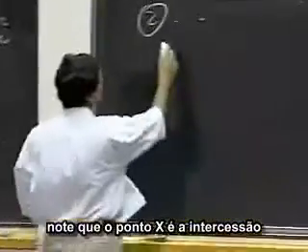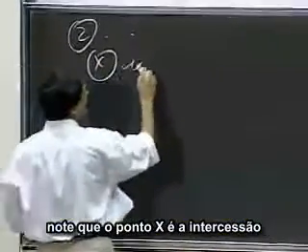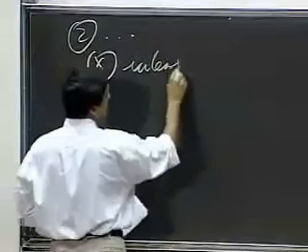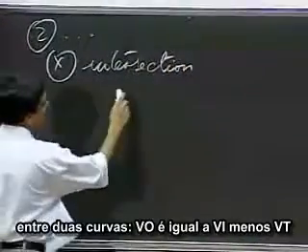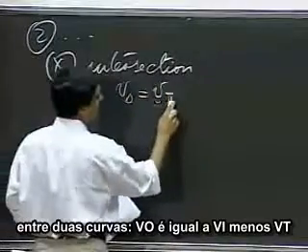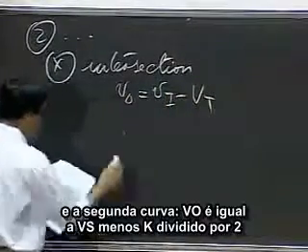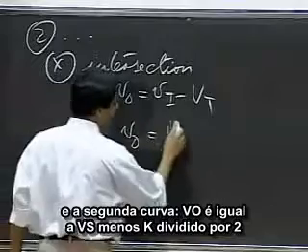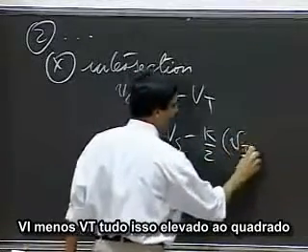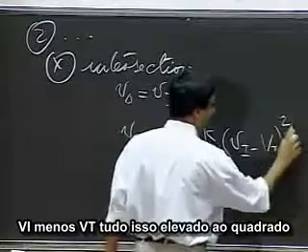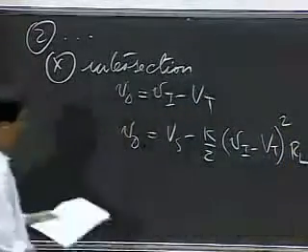Note that point X is the intersection of two curves: VO equals VI minus VT, and the second curve is VO equals VS minus K divided by 2, VI minus VT whole squared, RL.